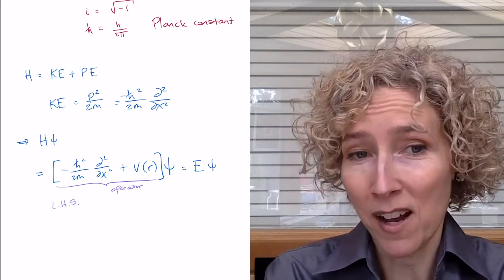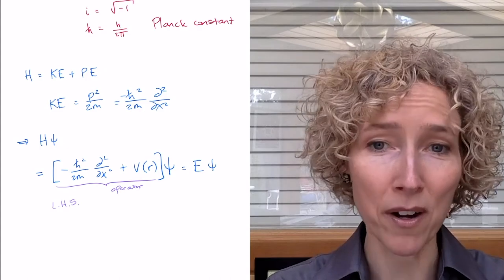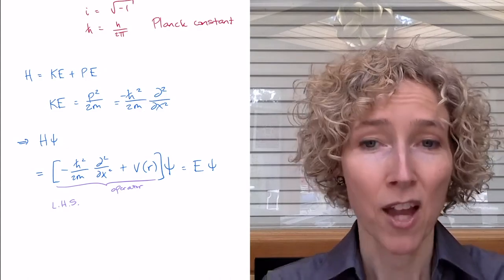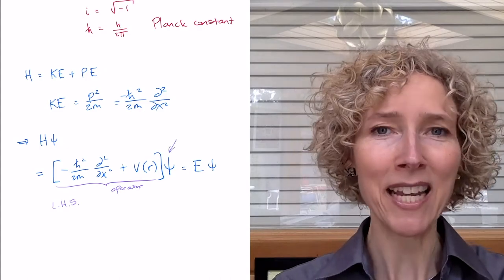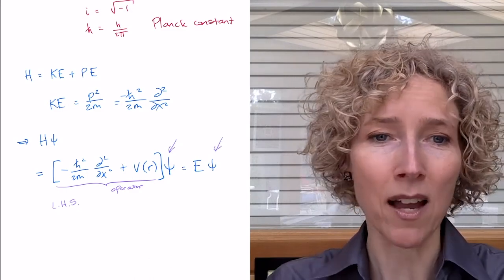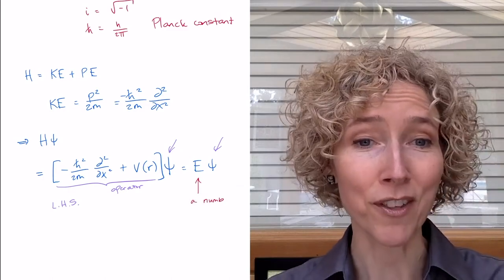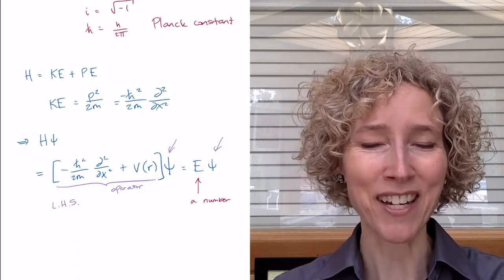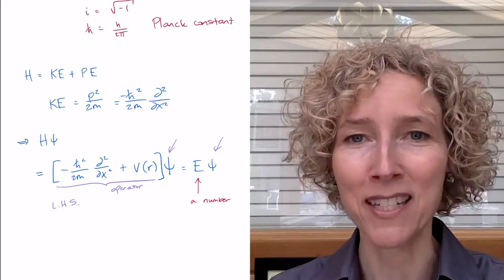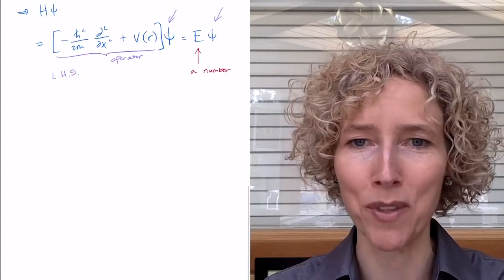You calculate the left-hand side, which means you let that second derivative operate on the wave function psi. Look at what you get back, and if you happen to get the exact same wave function times a number, a single number, then you say you have solved the Schrödinger equation. And the number that it gives you back in front is the energy. And so that's the way in which the Hamiltonian is related to the energy.